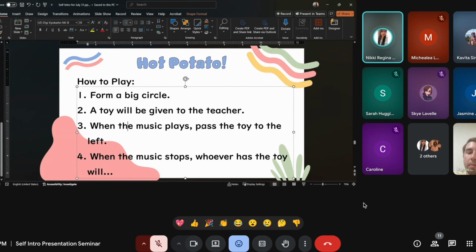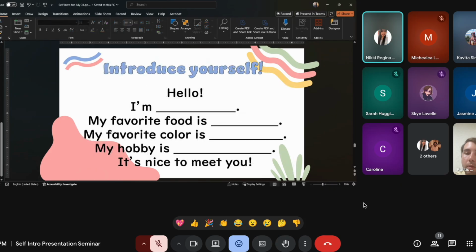When the music stops, whoever has the toy will introduce themselves, because you have already done your introduction, so it's their turn next. They're going to say, "Hello, I'm so-and-so. My favorite food is so-and-so. My favorite color is so-and-so. My hobby is so-and-so. Nice to meet you."